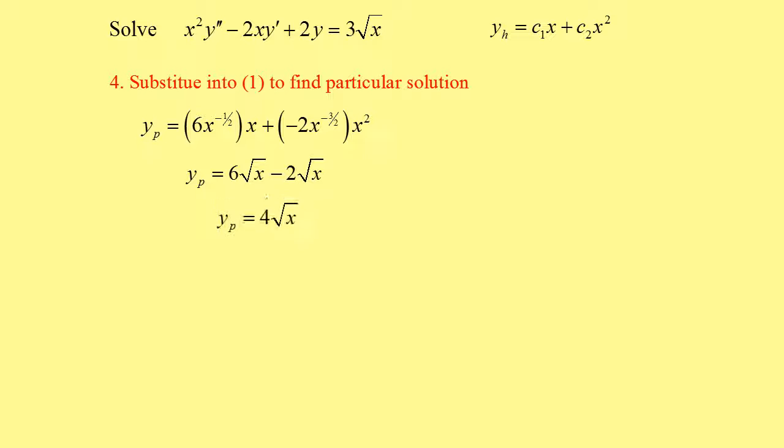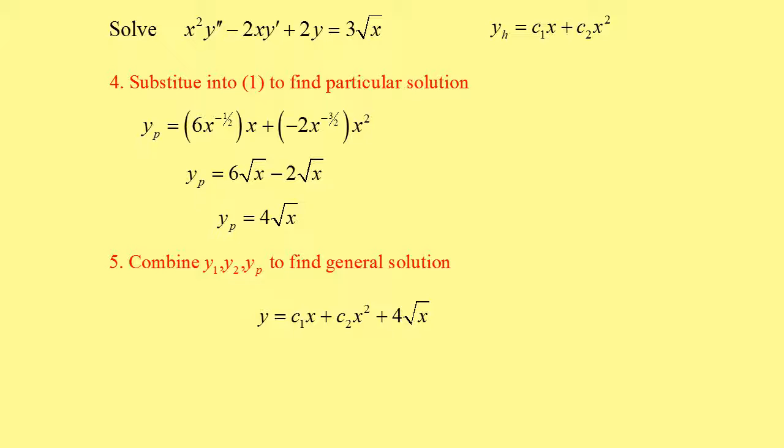Now the last step is to combine the c1x, the c2x squared, and the 4 root x all into one solution. Your textbook author also rightly points out that many times when you get to this step, some of these may be things that can be put together. That is not the case here, but many times it will be.